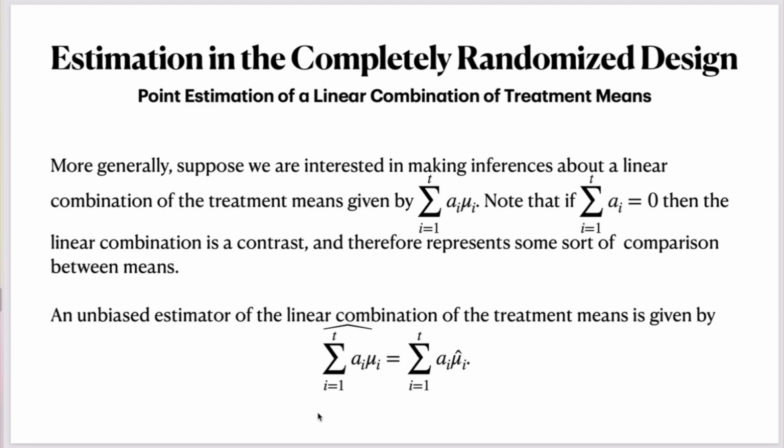The estimator is given by the same linear combination, but of the treatment mean point estimates. Notice that we've got a hat on the mu sub i's here, so we're constructing this linear combination of the individual sample means.